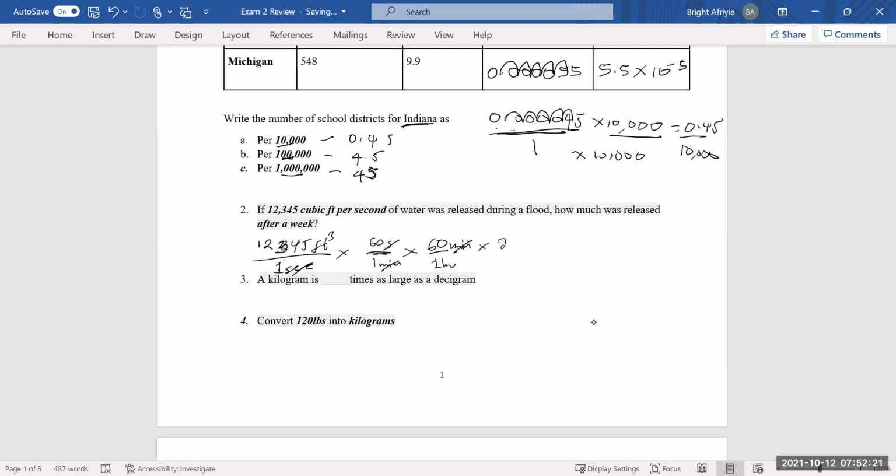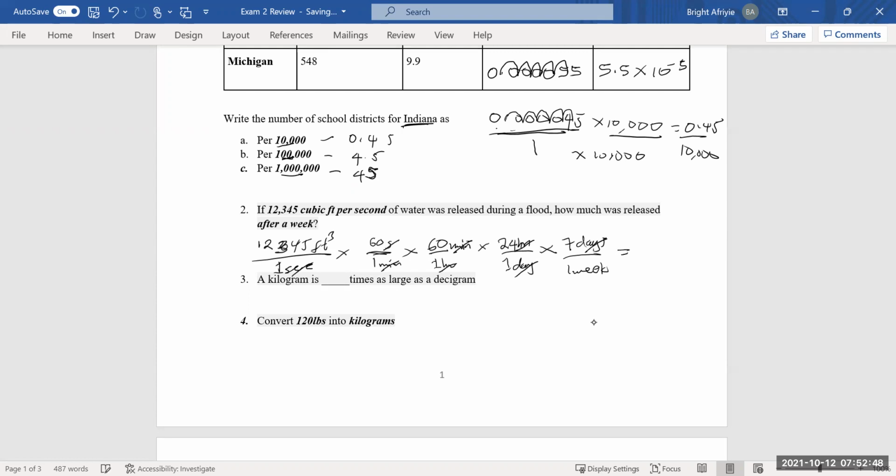So 24 hours in one day, right? Now hours will take care of hours. Now you have to go further and look at there are 7 days in 1 week. So days will take care of days. So now you have that per week.